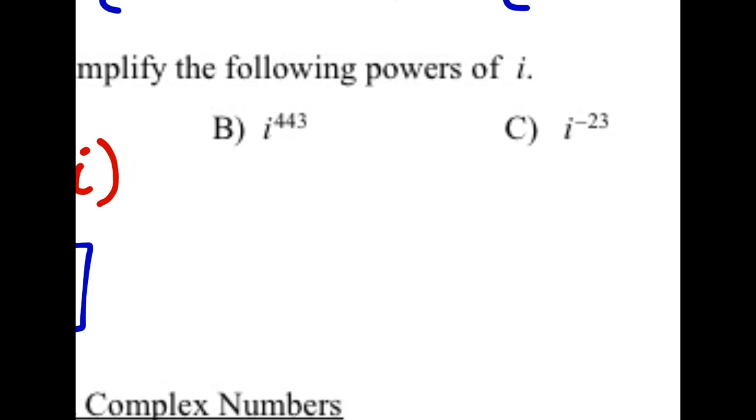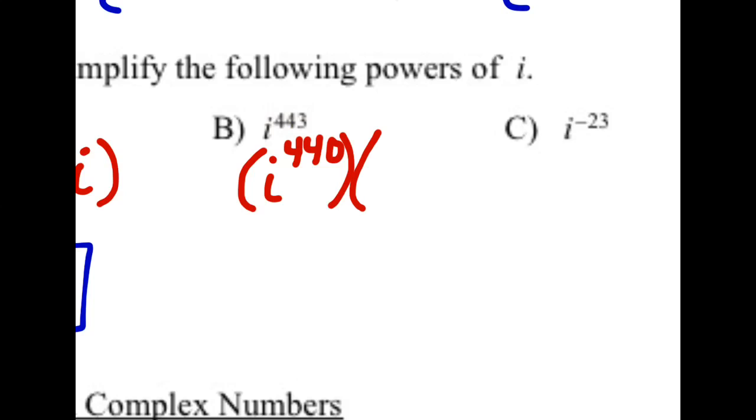If I look at part B the same way, I would say split this up as i raised to, well, the exponent 443, I know that 4 goes into 400 and 440, and so I'm going to use 440 here. 440 is the largest multiple of 4 that's still smaller than that exponent.